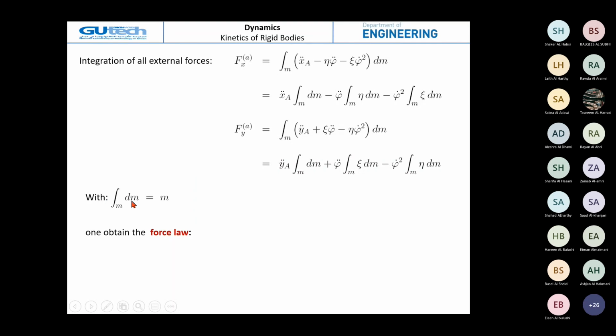Now, the integral of the infinitesimal mass dm over the whole body gives the total mass m.